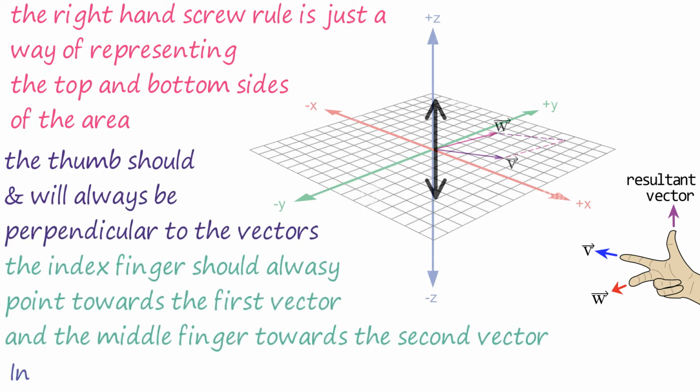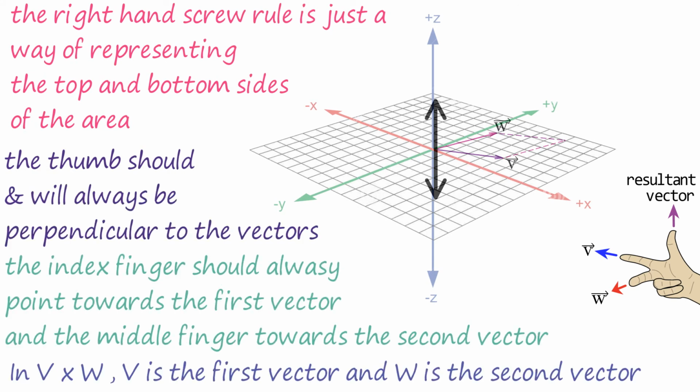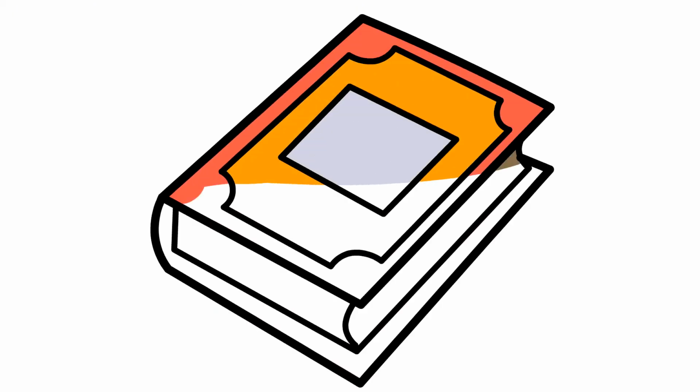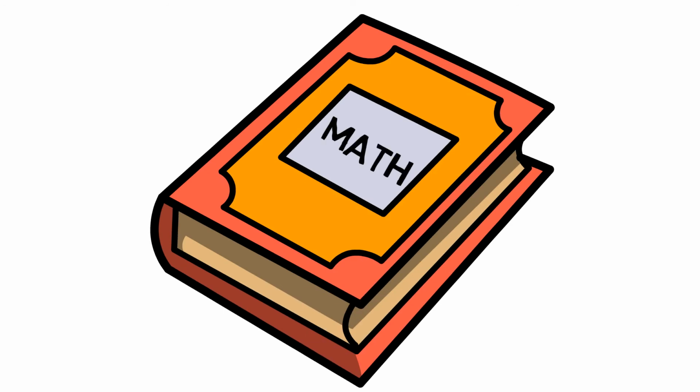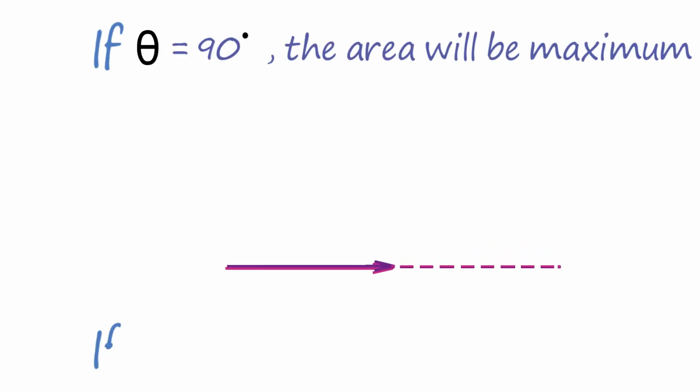But we also have to represent this in a pure mathematical equation, so it's simple enough for us to make good use of it. And here's where math just gets amazing, because it gives us patterns to play with. You'll notice that the area of this parallelogram is maximum when the vectors are perpendicular to each other, and minimum when the vectors are parallel or lie on top of each other.